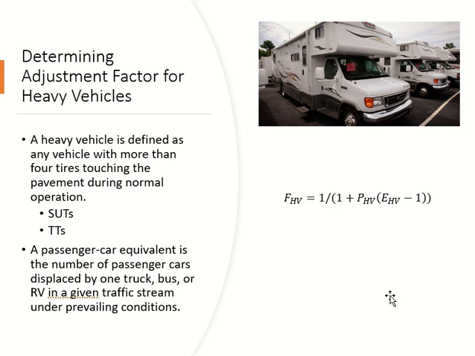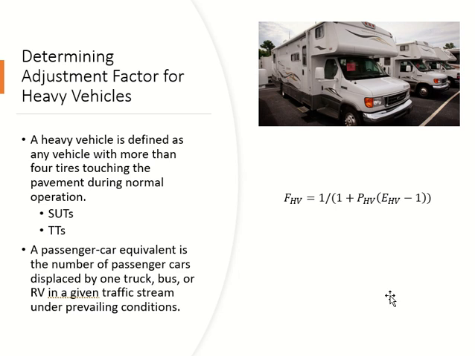Now we were talking about EHV. EHV is passenger car equivalent or passenger car equivalency factor. Now having one truck and having one car in traffic, will they have equal effect? Which one has more? The truck has more effect, right? So EHV is the extra effect the truck has on traffic in comparison to a car.